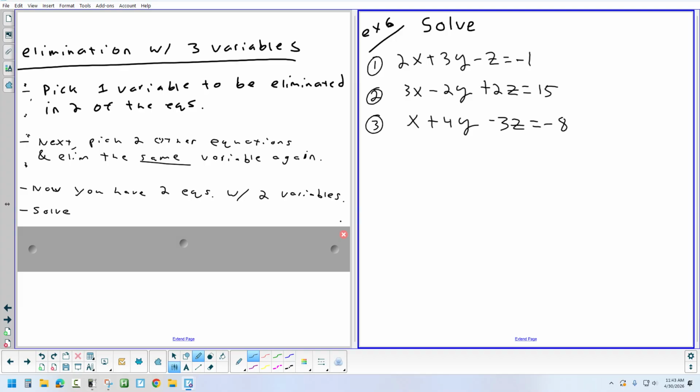So what do we want to do for our first 2 equations? Let's work with equations. You pick 2 of them. Yeah? 1 and 3. That's a good choice. So let's eliminate some letter in equation 1 and 3. What letter do you want to try to eliminate in those 2 equations?